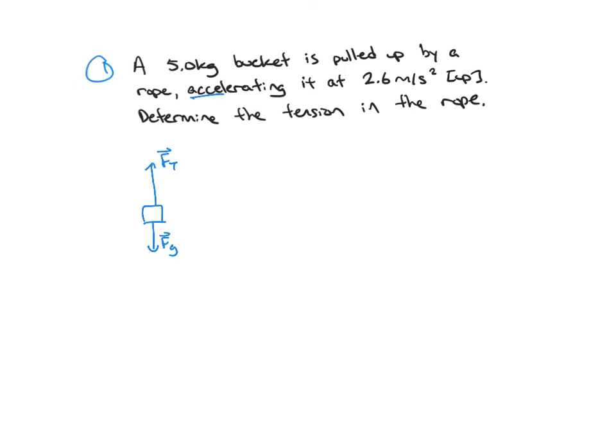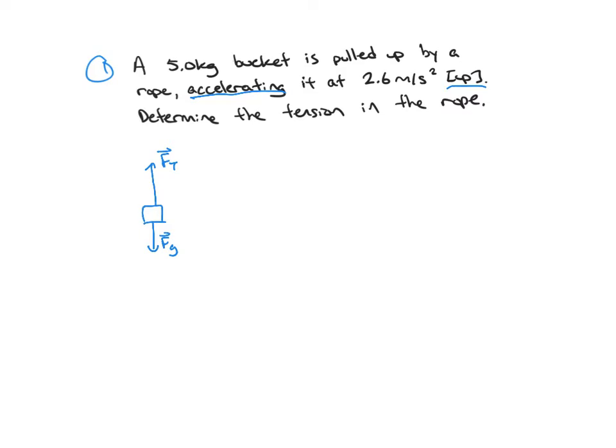Always important whenever you're solving these problems to know: is it accelerating or not? If it is accelerating, which way is it accelerating? It says it's accelerating up. Therefore, in the free body diagram, the upwards forces must win. I can write out some values that I know.